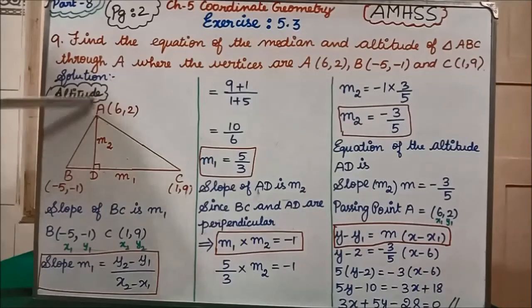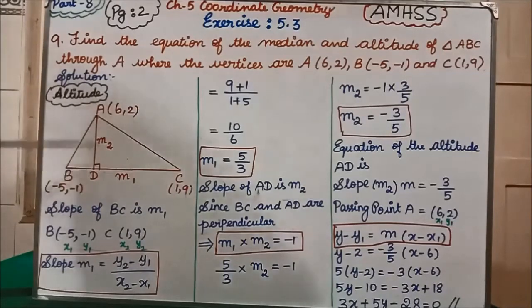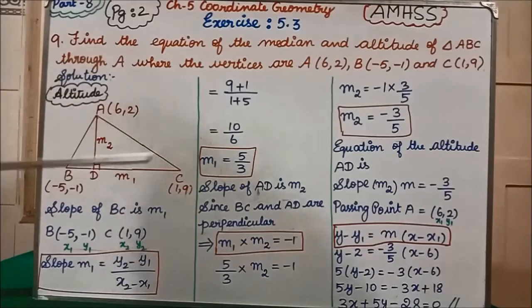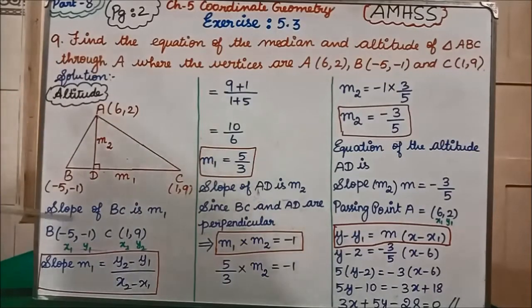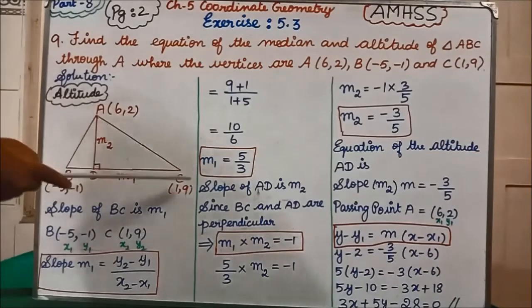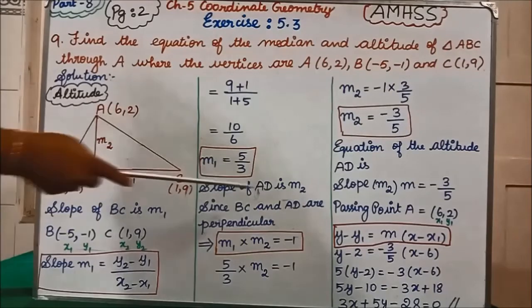Now this other slope we have to find. How are we going to find it? We don't know the D point, we know only the A point. So with this M1 itself we have to find the slope of AD. Slope of AD is M2.